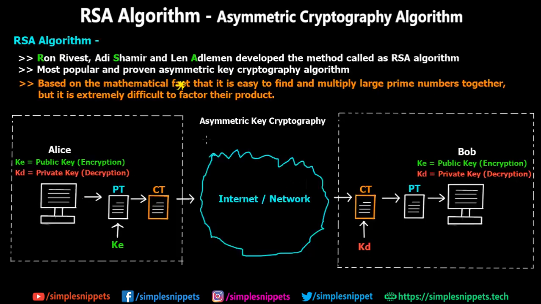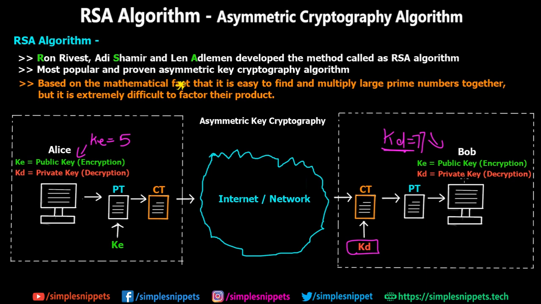And by that I mean this scenario, that is Alice would have the key KE equals 5, that is the public key, and Bob here would have KD, which is equal to 77. So Alice would use this KE public key to encrypt the plain text, get the ciphertext, send it to Bob over the internet, and Bob would use this KD to decrypt the ciphertext, get back the plain text and read the message.